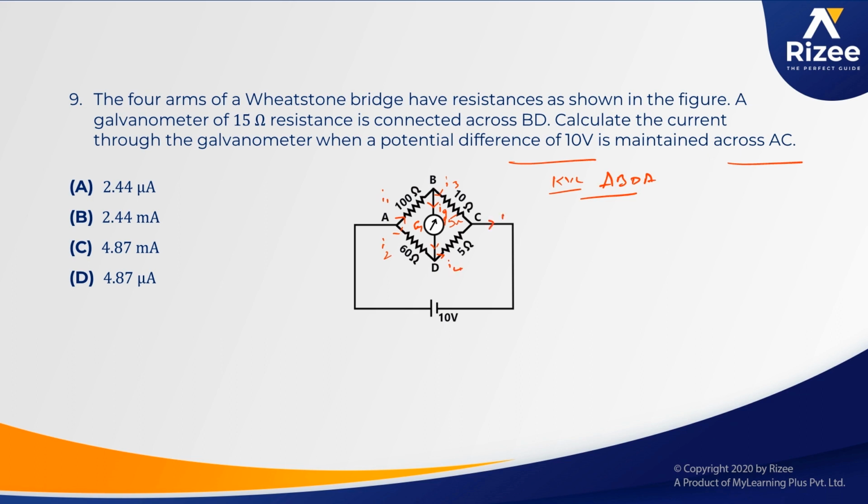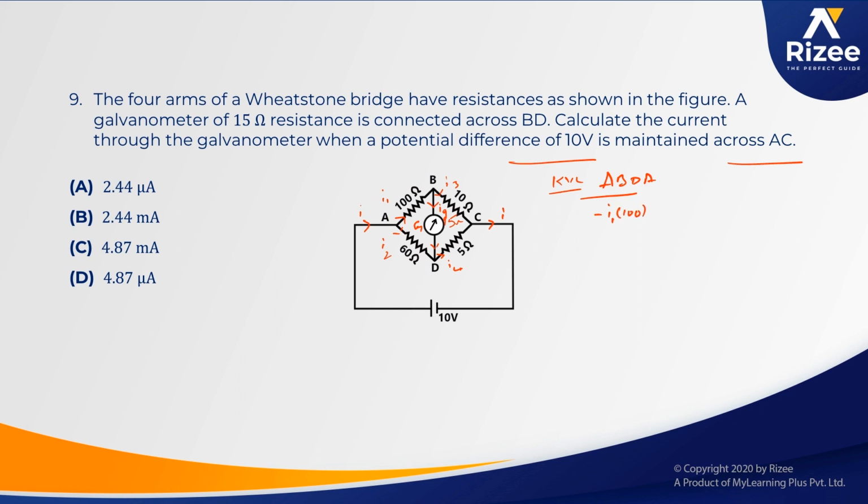Finally I3 and I4 will come out as I, as I divides into I1 and I2. Now if I write the loop equation for A, B, D, A, then it will be minus I1 of 100.